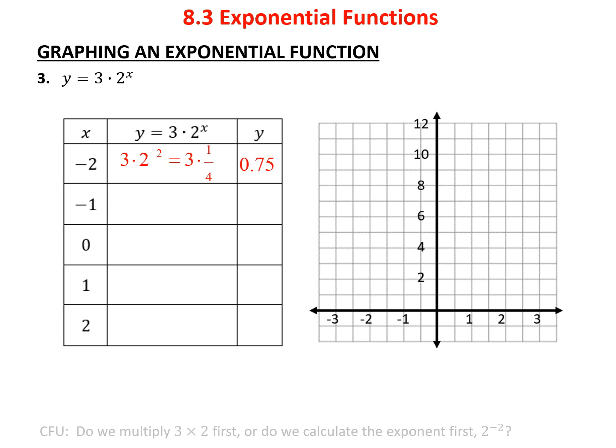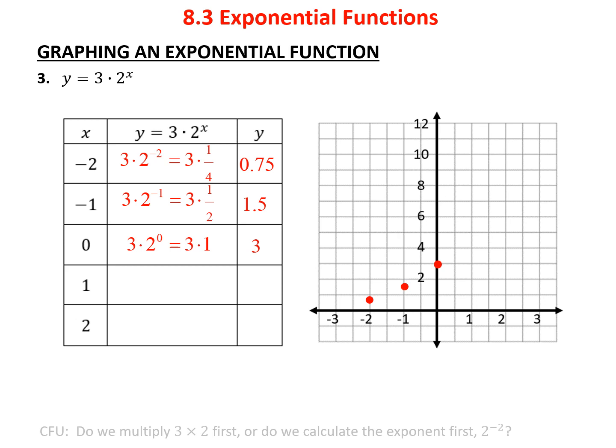Let's do it for -1. By the way, there's my plot there, at -2 and about 0.75. You have to estimate it there. Now for -1, 2 to the -1 is 1/2. So 3 times 1/2, or 3 divided by 2, is 1.5, and then we come over here to -1 and graph it. And now to the 0 power, any number to the 0 power is 1, so 3 times 1 is 3, and we put that on our graph.